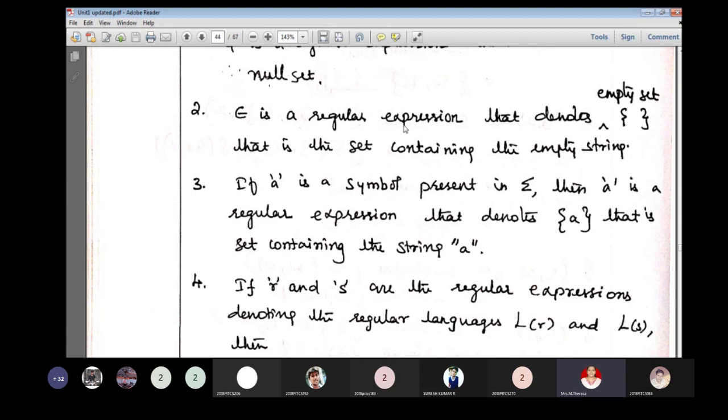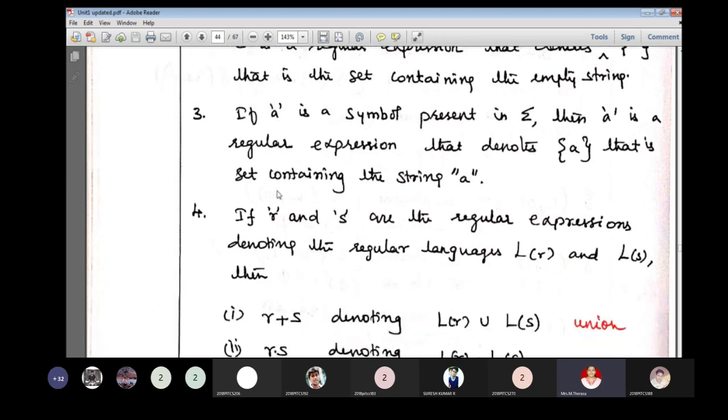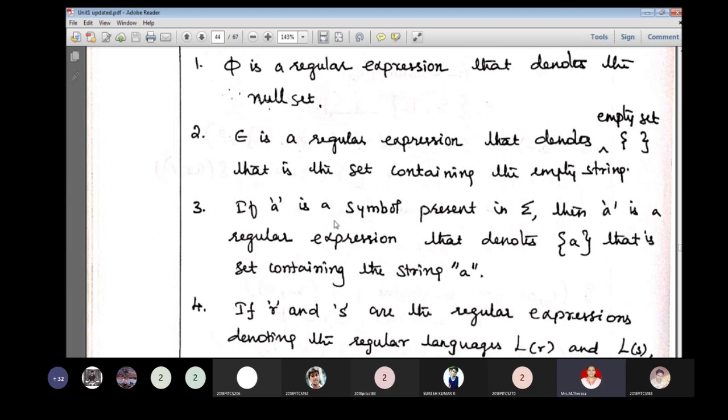Previously the length of the string was 0, and whenever the length of the string is 0, we use epsilon to represent it. For a string with length 1, in general we take it as a. Next, we are going to build regular expressions with these basic units.